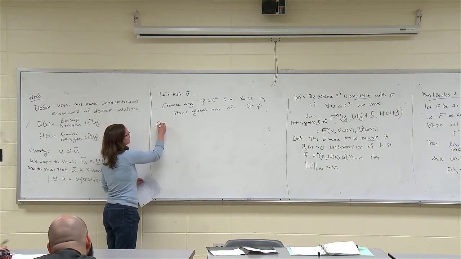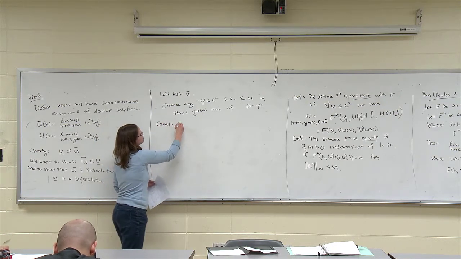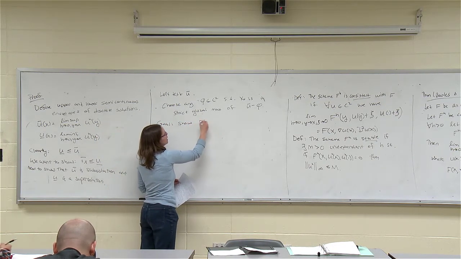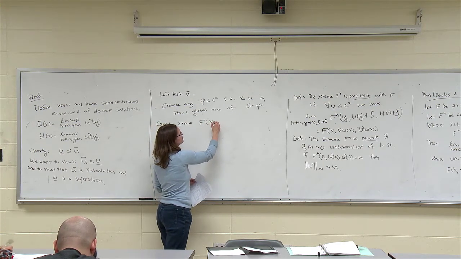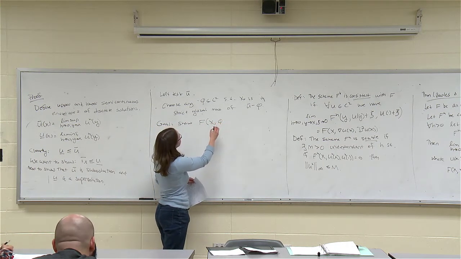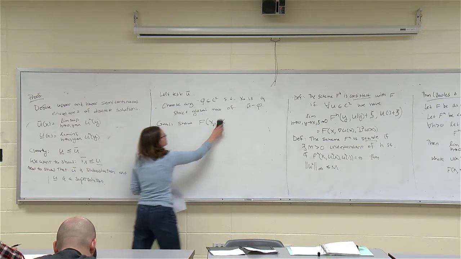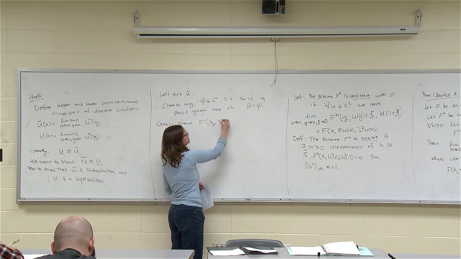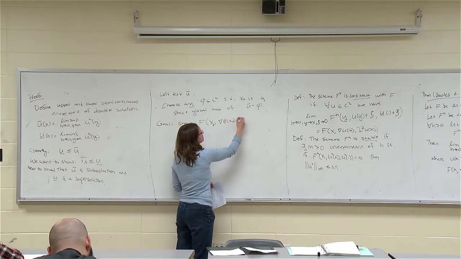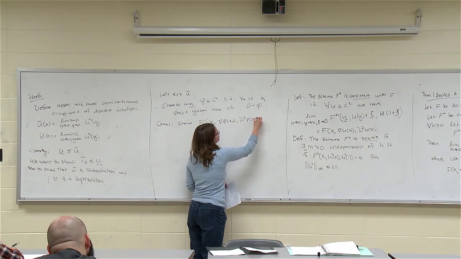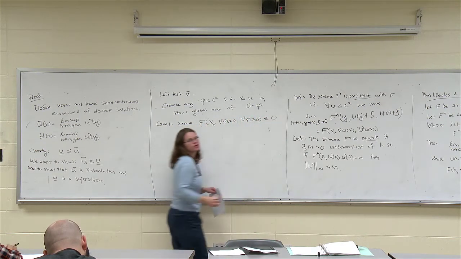Now, what is our goal? Our goal is to show that f of phi, x naught, I guess. I don't think I had this term. I just had a gradient term. We need to show that this is less than or equal to 0.